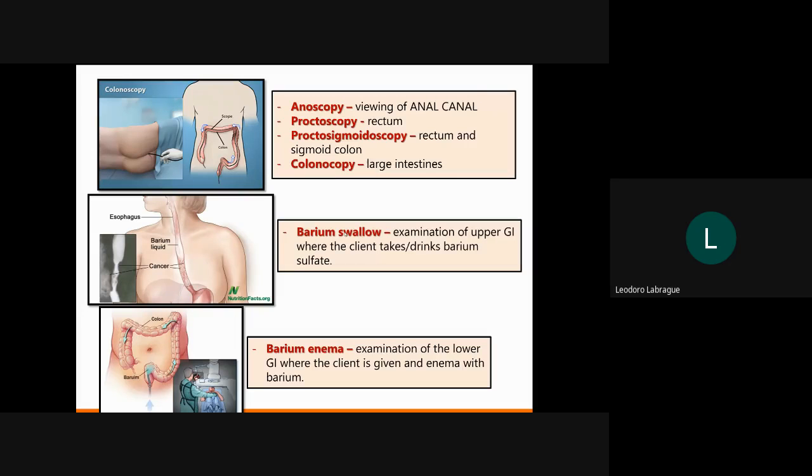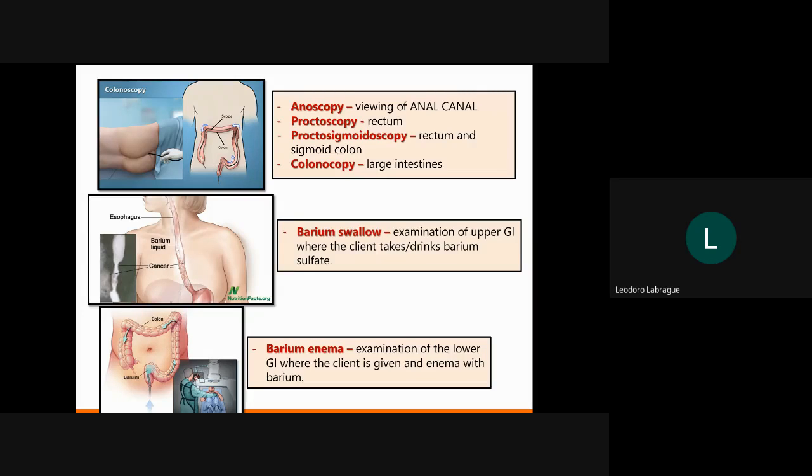Through X-ray, this barium will be very visible. It will really show you the outline of the structure of the gastrointestinal system, if there is an obstruction, or if there is some mass, or some tumor. Just like, for example, this photo, see? The patient has a cancer.